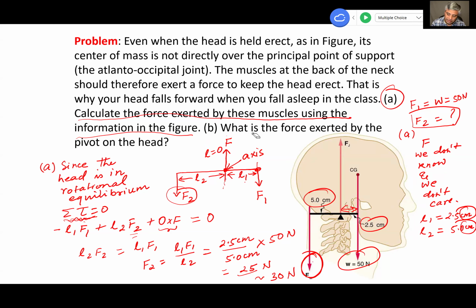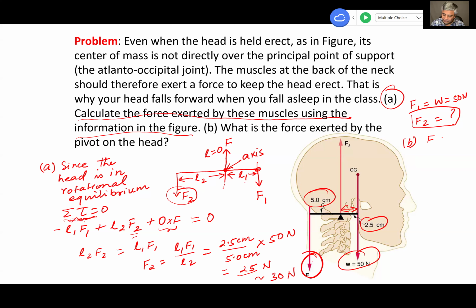Now there is part B. I'm going to make room here on this side for part B. It's asking what is the force exerted by the pivot, and we said that is F. There are 3 forces acting, and out of those we now know 2. So we should be able to calculate the third just by using translational equilibrium.